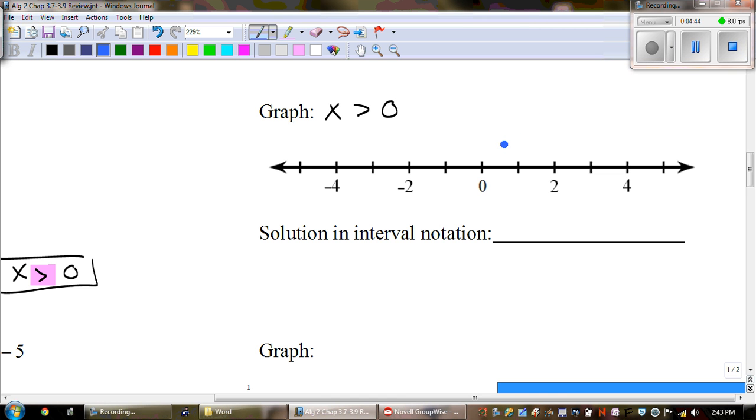At 0, the graph is open and it's greater than, so we shade everything to the right. Okay? So when we're writing interval notation, my graph starts at 0 with a parentheses, and then it goes to positive infinity.